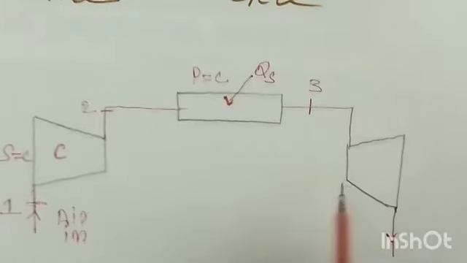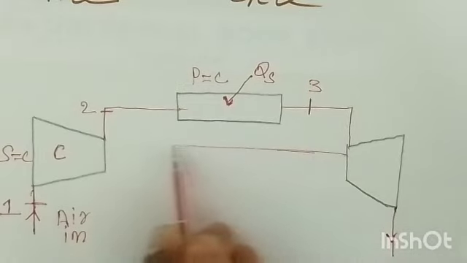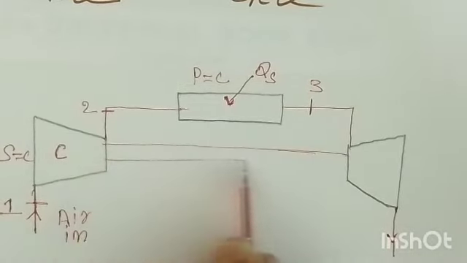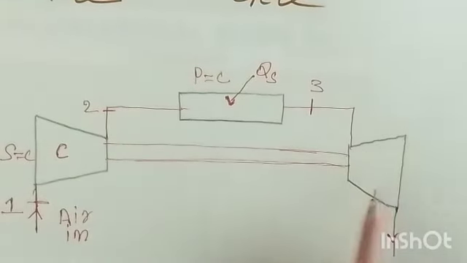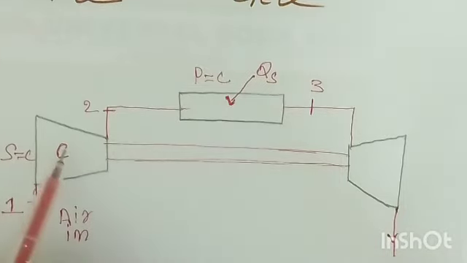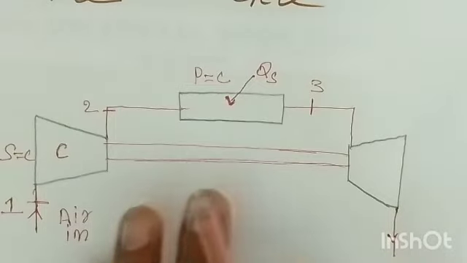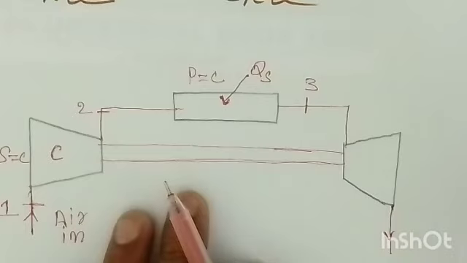First of all, whatever work is produced, we first supply to the compressor, right? That's why we have to couple the turbine and compressor. So when work is produced in the turbine, some work has to be supplied to the compressor to run the machine, and whatever work remains after supplying the compressor is utilized for power production.